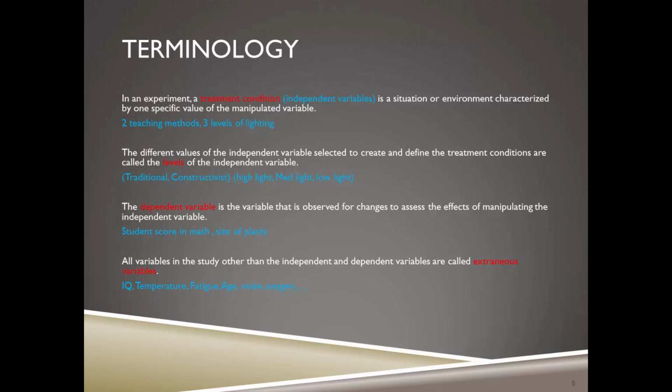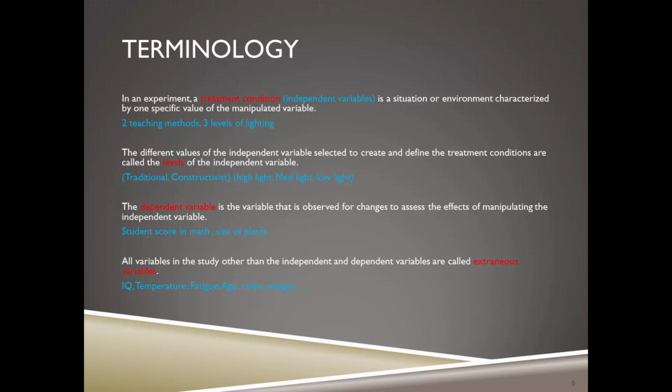Or if you're comparing teaching methods, the teaching method is the independent variable. Sometimes the independent variable has only 2 levels, like traditional teaching and constructivist teaching. Sometimes it has more than 2 levels, like high light, medium light, and low light.